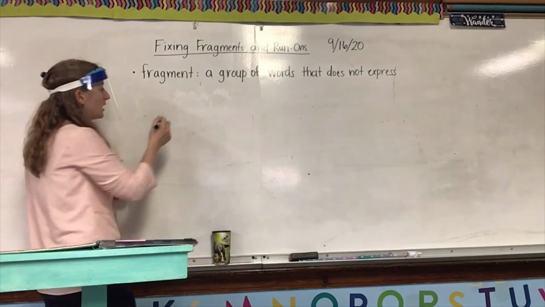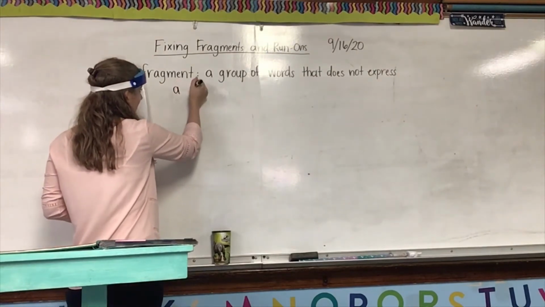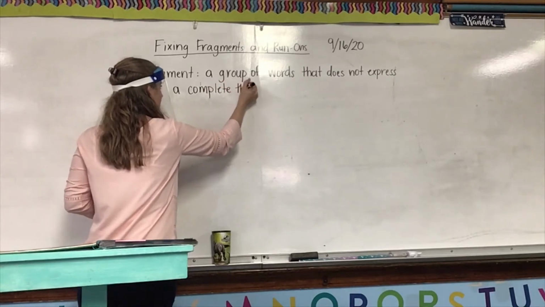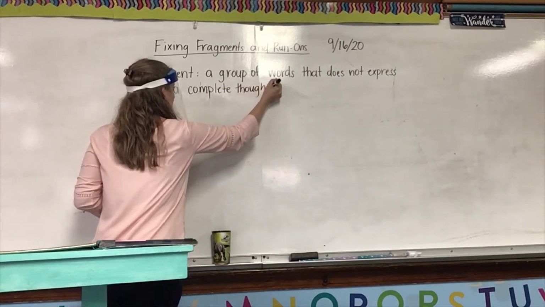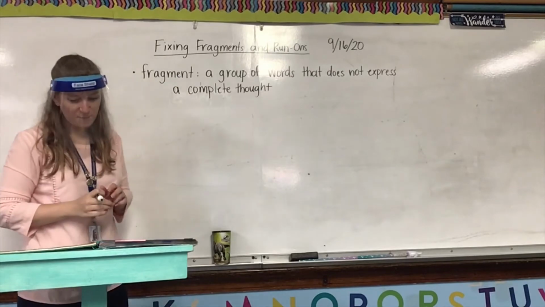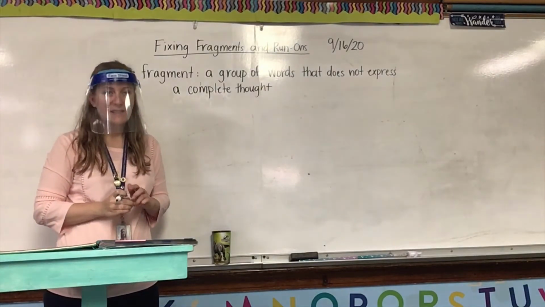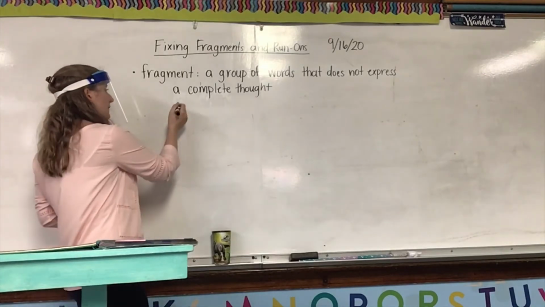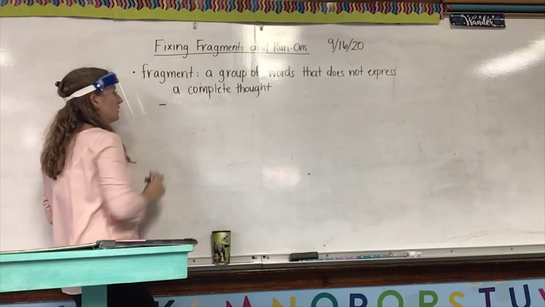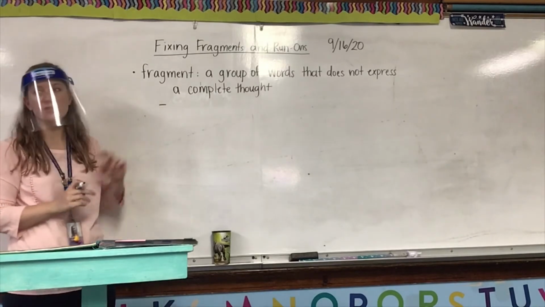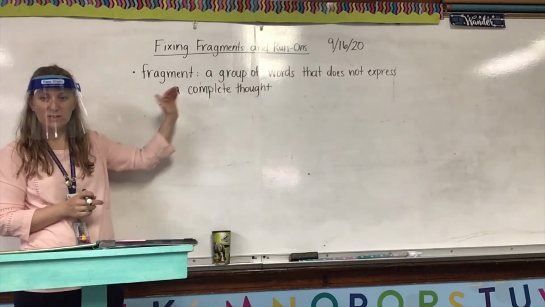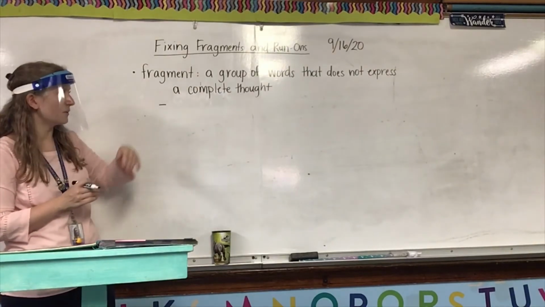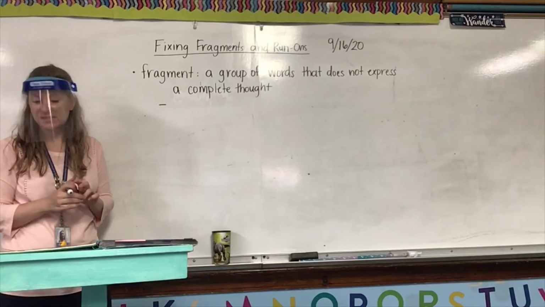So it's a group of words that does not express a complete thought. Now underneath, I'm going to put a little dash, not right under the dot, but I'm going to move over a little bit and put a dash underneath. I could also put a space between the end of a complete thought and our next dash.